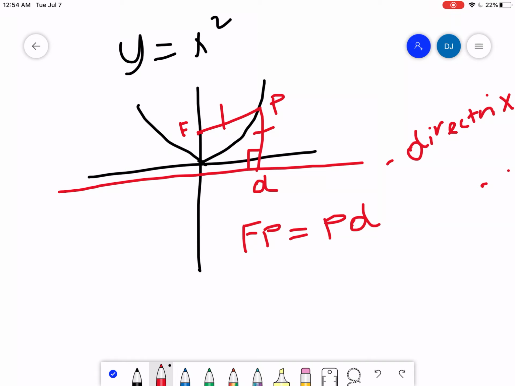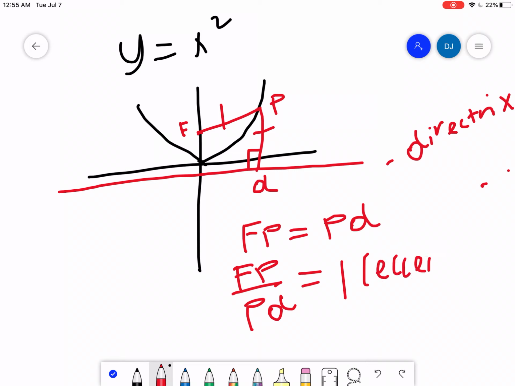So now, how do we actually use, also, I forgot to talk about this. What if we had FP over PD? Well, since they're the same thing, they would be equal to 1. And this idea is called eccentricity.